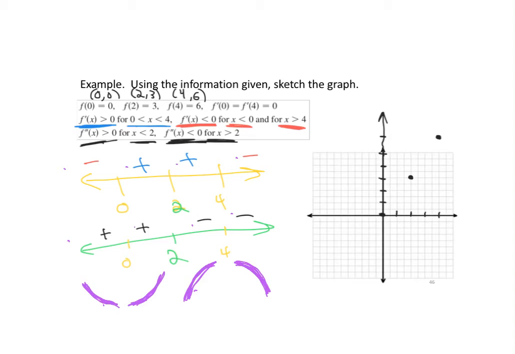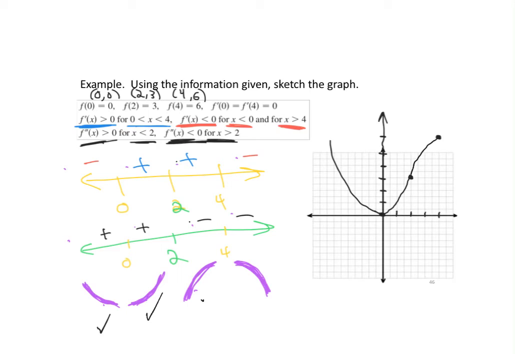So we are doing something like that. That's that piece. And next I'm gonna show this piece. It's gonna come back up till we get to 2. And then between 2 and 4, we're gonna have this type of piece. Increasing, but concave down.